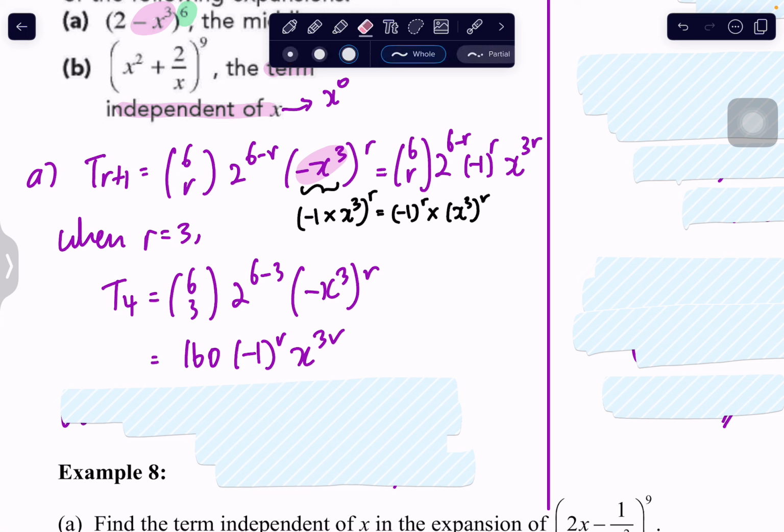Over here I should write it more clearly: negative 1 to the power of r times x power of 3r, and then r I will replace by the number 3.